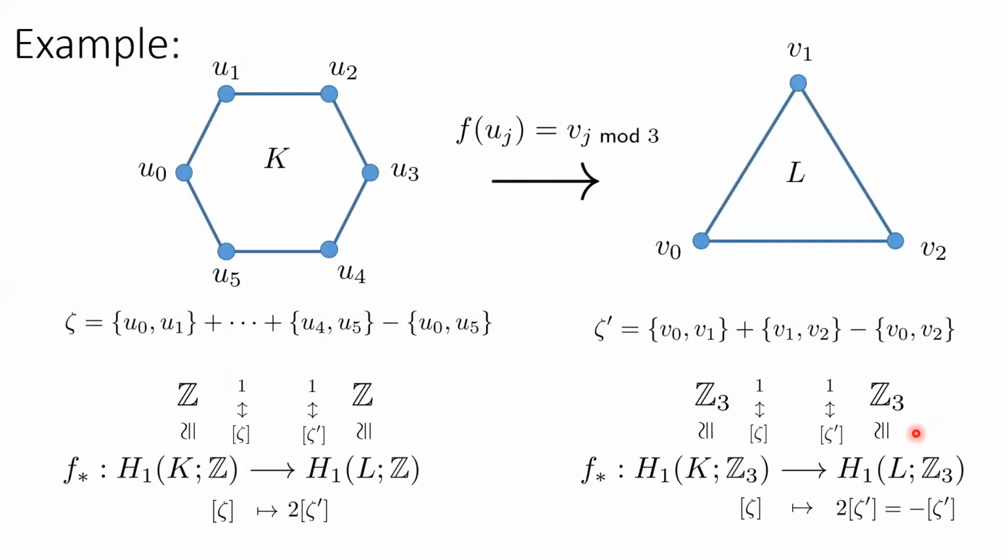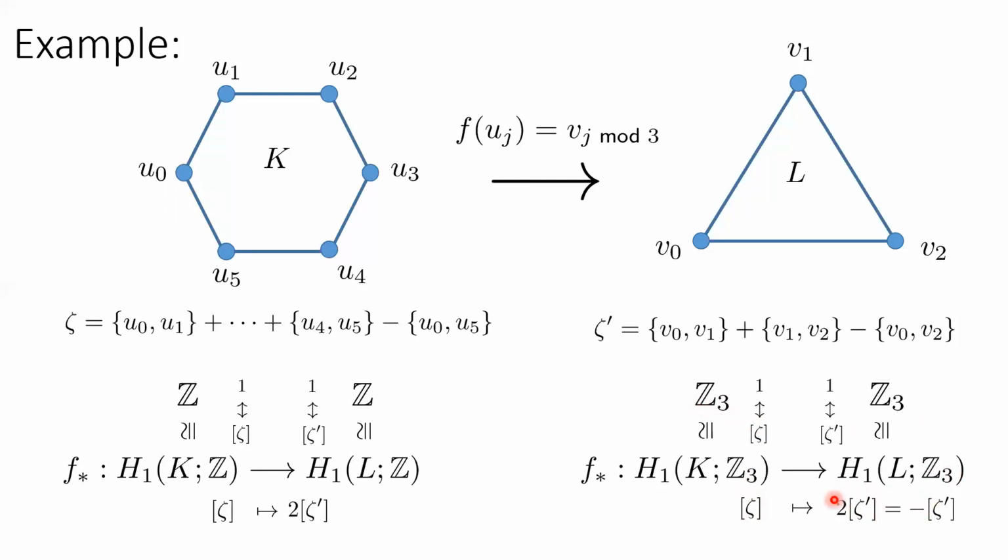Now, if we do the same computation, but instead of modulo 2, we use modulo 3, we use the operations in Z mod 3, then zeta still goes to 2 times zeta prime. But the important thing to notice is that now 2, at least in Z mod 3, is equal to -1.